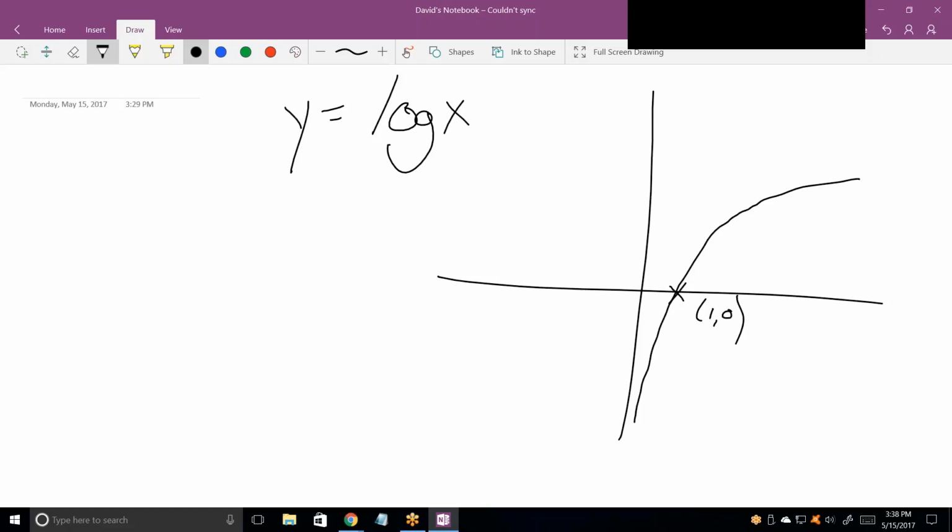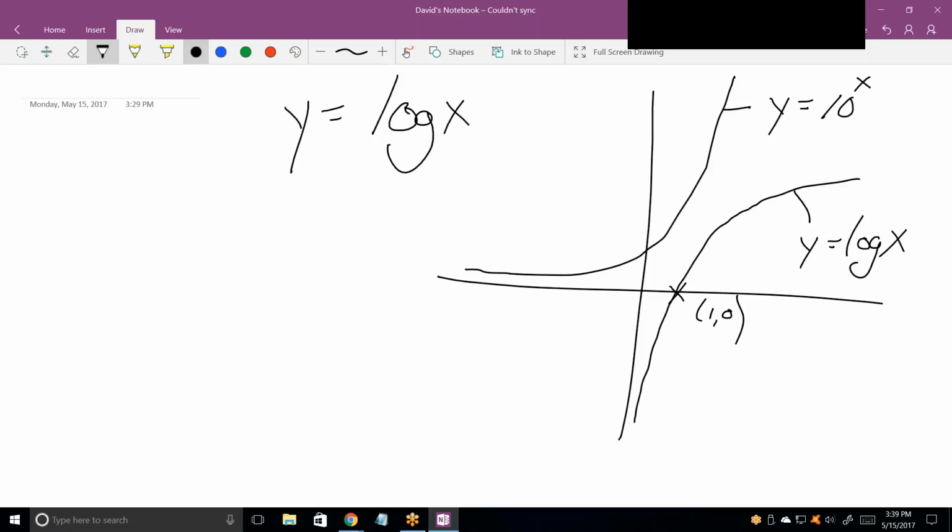But if you were to look at an exponential function like that, notice that that exponential function, which is y equals 10 to the x power, is the inverse of this function, y equals log base 10 of x.